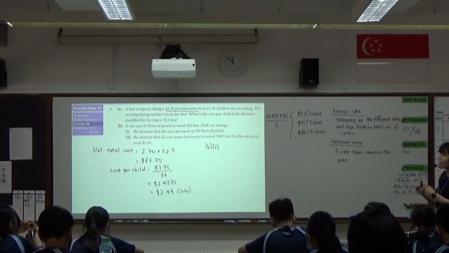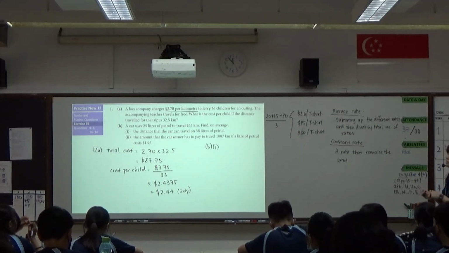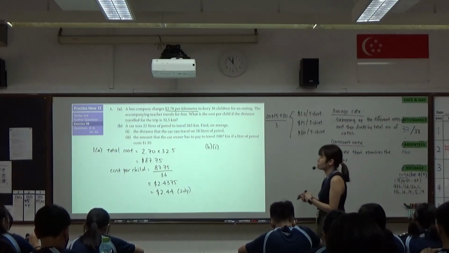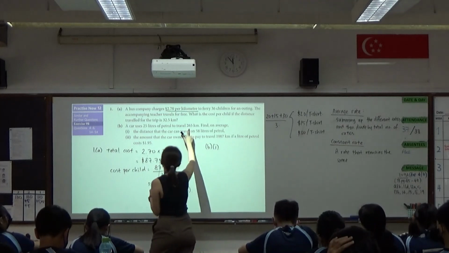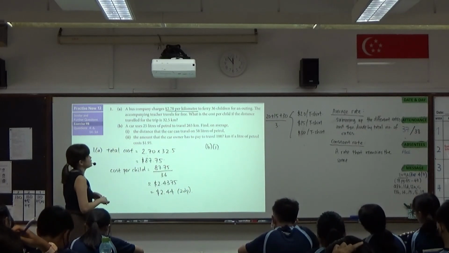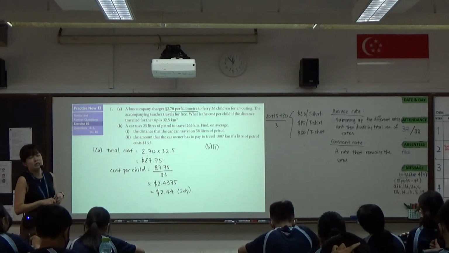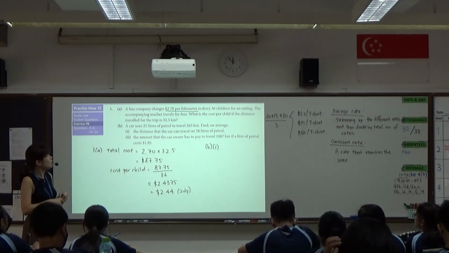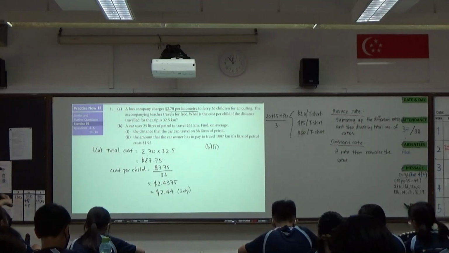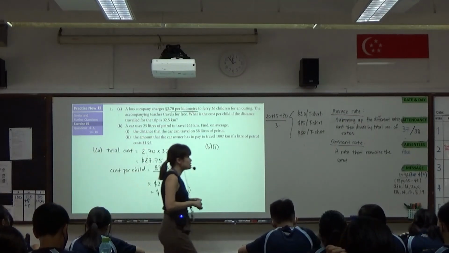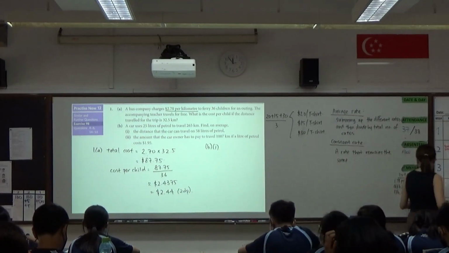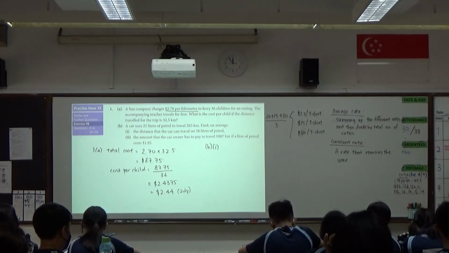For B part I, it says that a car uses 25 liters of petrol to travel 265 kilometers. Find on average the distance that the car can travel on 58 liters of petrol. So how do you think we can solve this question? Let's choose one person. Brandon.